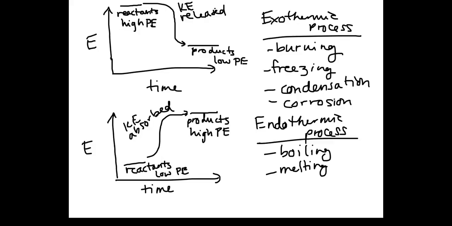Another type of endothermic process is baking, cooking. You have to put in heat to make those changes happen. Depends on the chemicals. If it's water and acid, it feels hot. Yes, that's releasing energy into your hand.